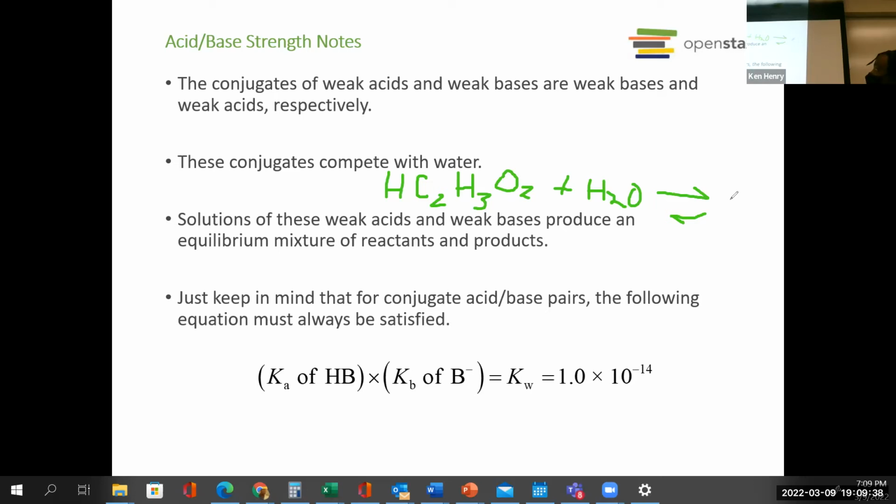Conjugate base is going to be acetate, C2H3O2 minus, plus H3O plus. So this is the acid. This is its conjugate base. Acid, base, conjugate base, conjugate acid.